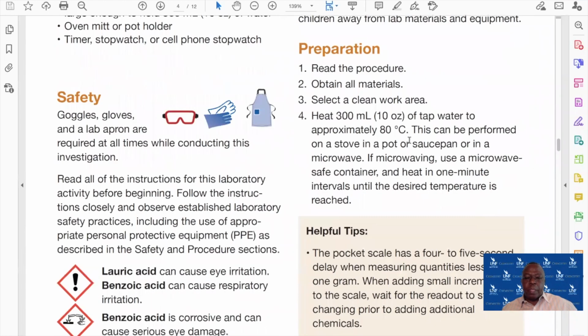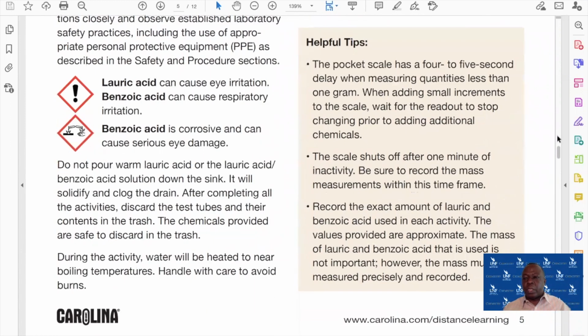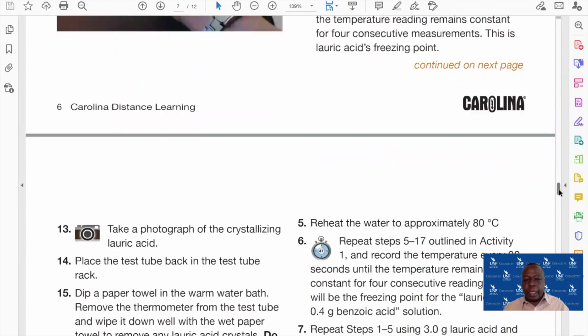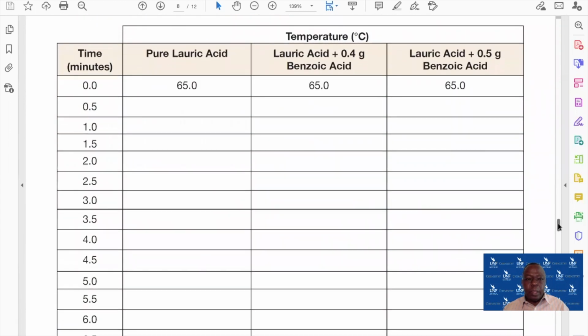You'll record the temperature when it gets to 65, make sure you dissolve everything inside the test tube. Let the temperature drop from 80. Once it gets to 65, this is for pure lauric acid, please record to one place of decimal. It's important that you record to one place of decimal. Record the temperature reading every half a minute or 30 seconds.